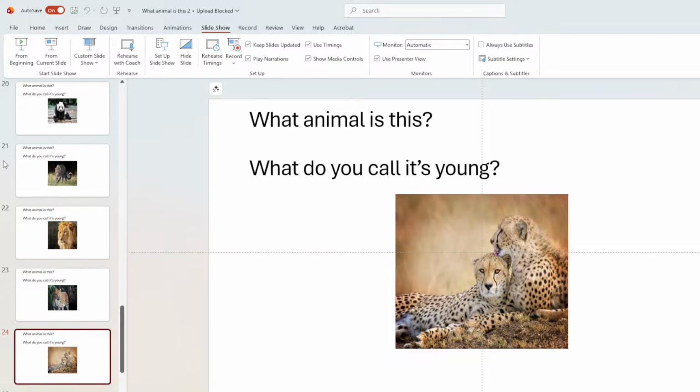Well, now that one is a cheetah, right? That is a cheetah. And what do we call the young one of a cheetah? I think now we know. It's a foregone conclusion.